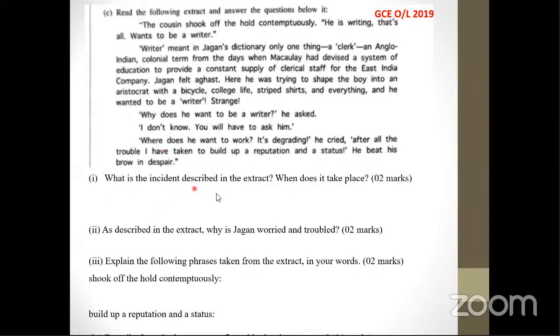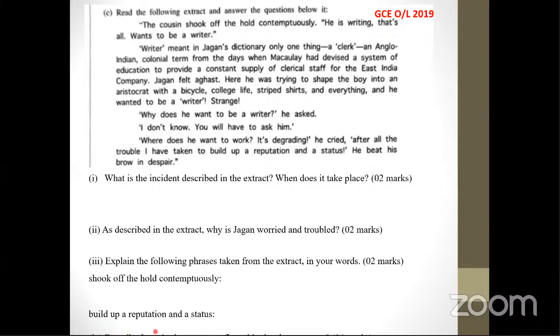What is the incident described in the extract? When does it take place? Two parts in the question. As described in the extract, why is Jagan worried and troubled? Explain the following phrases taken from the extract in your own words: shook off the hold contemptuously, build up a reputation and status.